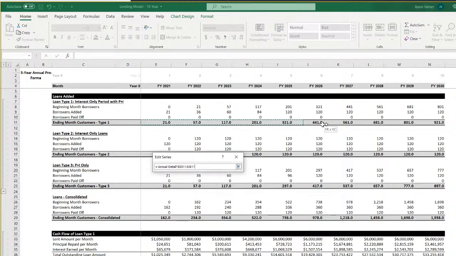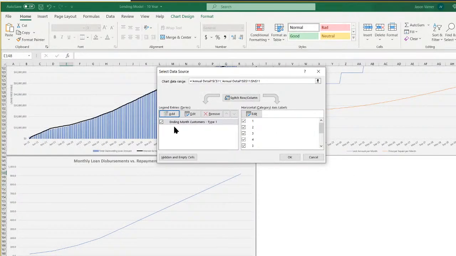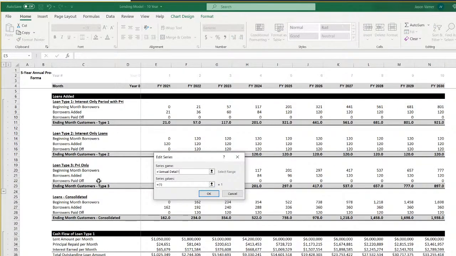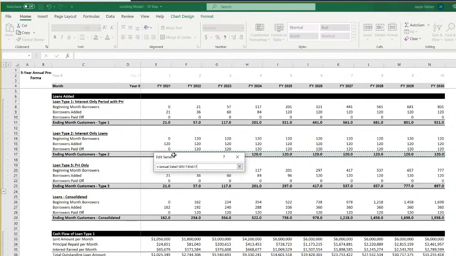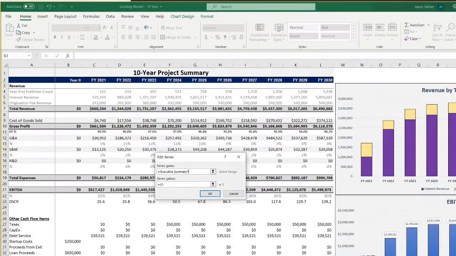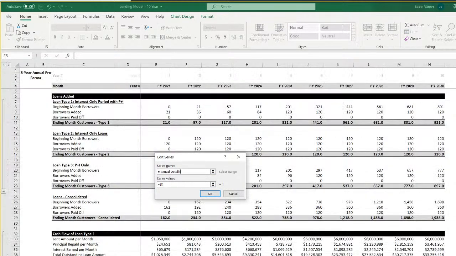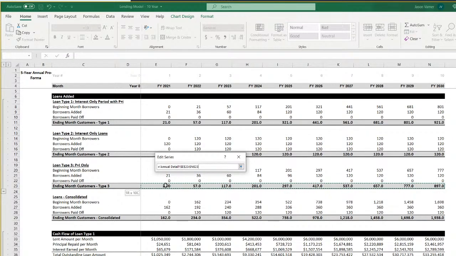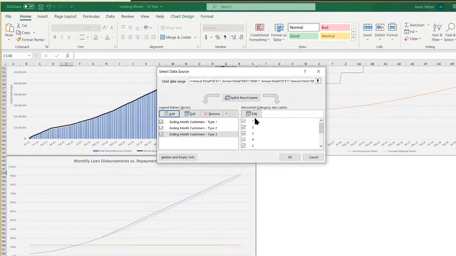Yeah, this will show customer breakdown by type. So we can do that. Type 2. And it might be interesting to see the revenue generated per each type as well.